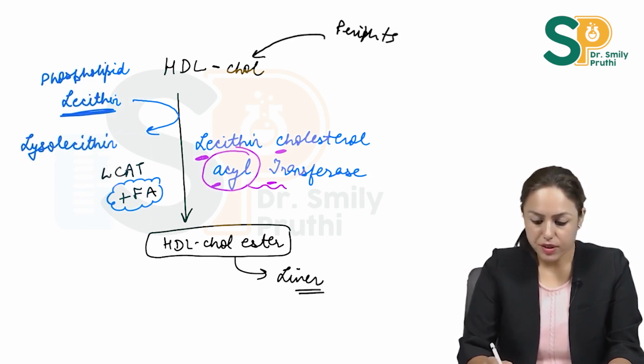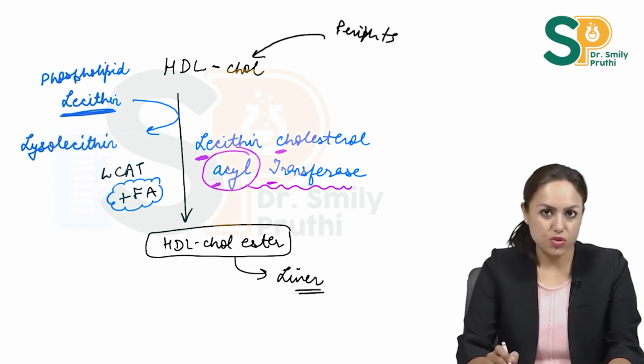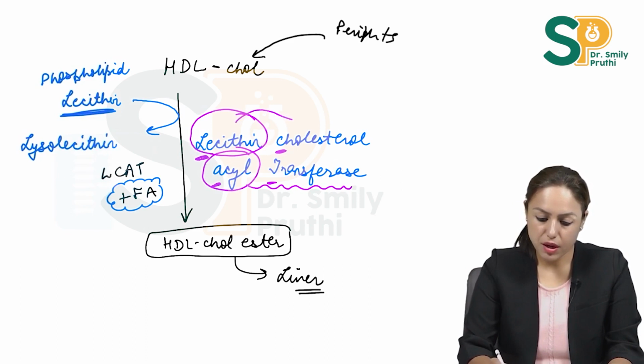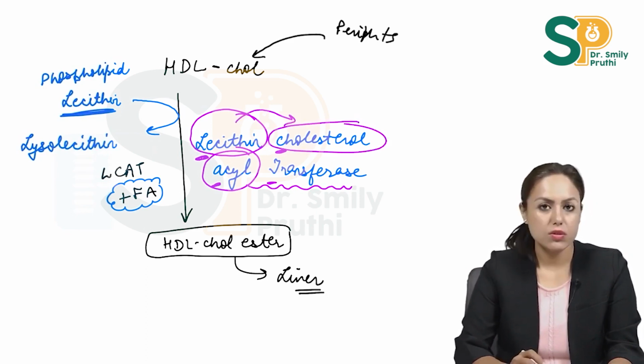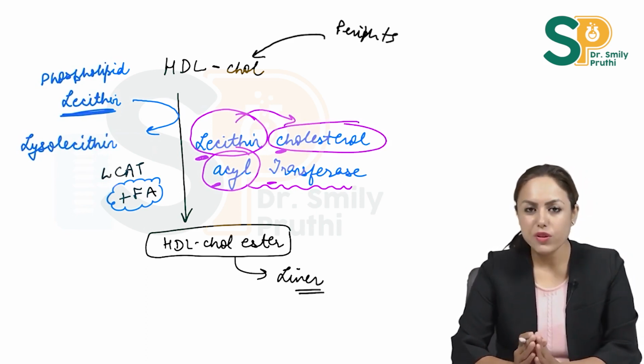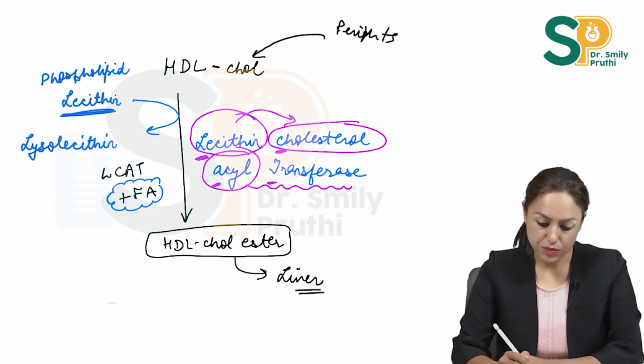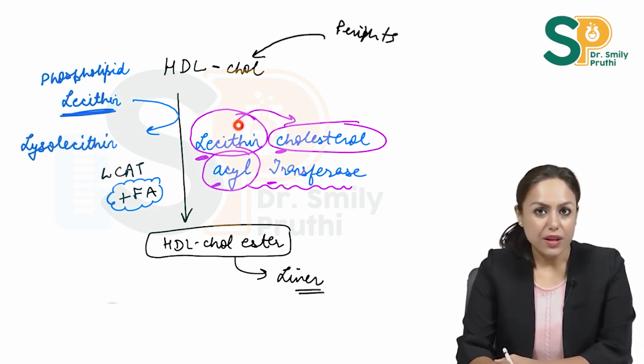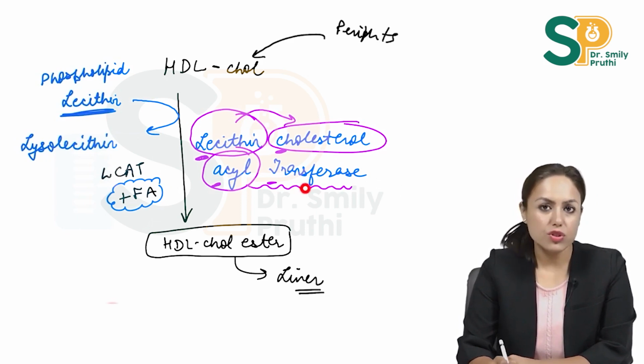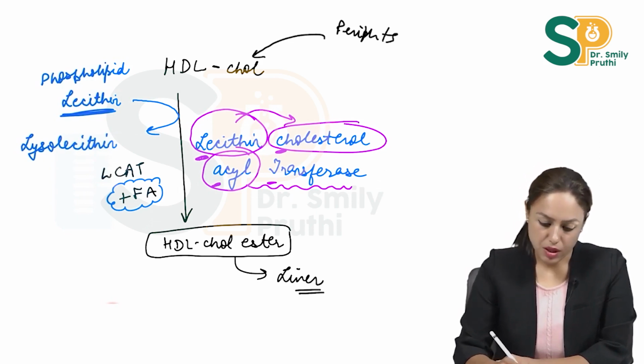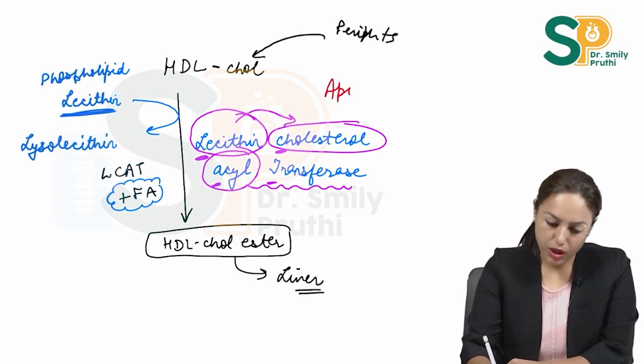So fatty acid is getting transferred in this reaction. Fatty acid is taken from lecithin and given to cholesterol. Okay. So the name of the enzyme is telling you whole story. I repeat, fatty acid is getting transferred in this reaction and fatty acid is taken from lecithin and given to cholesterol. Okay. And ApoA1 is the activator of this enzyme.